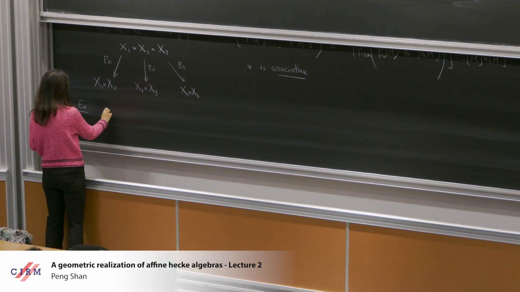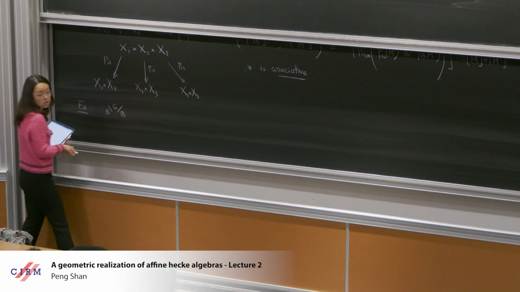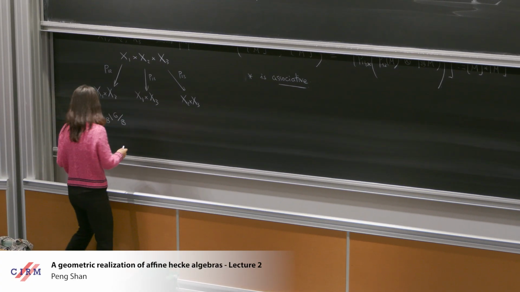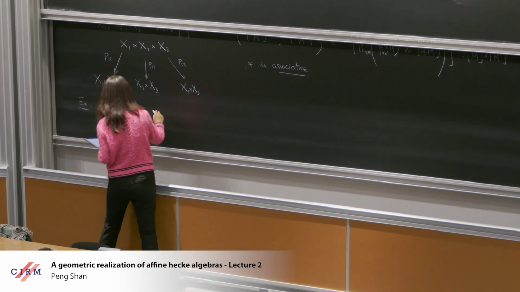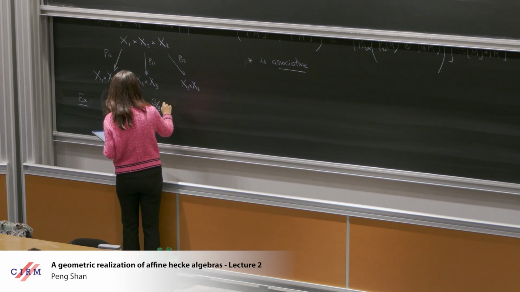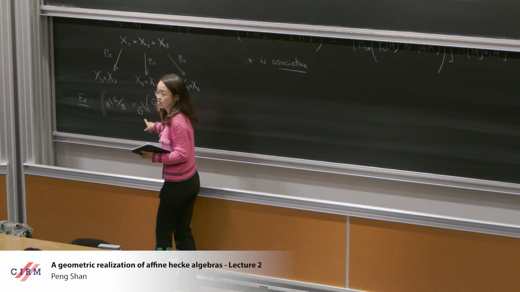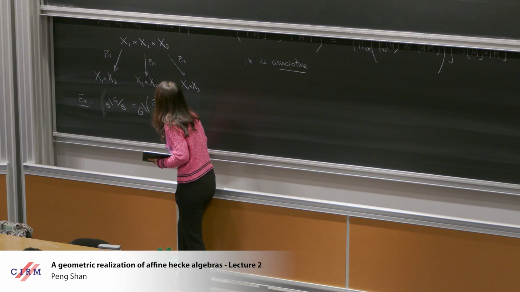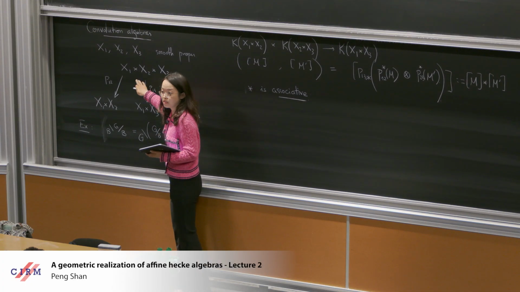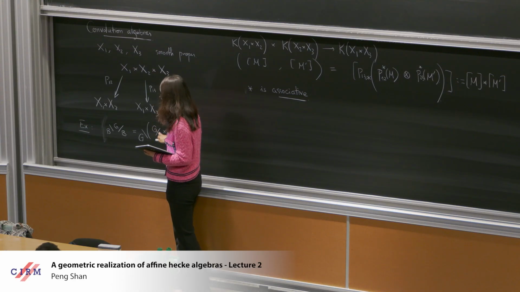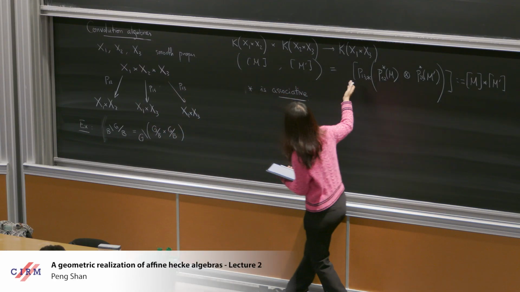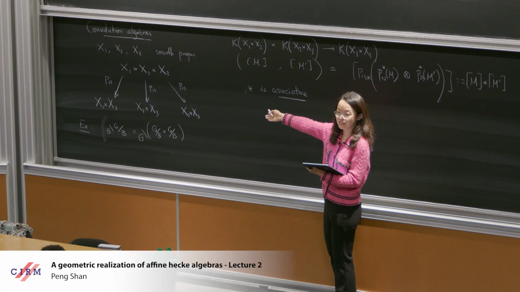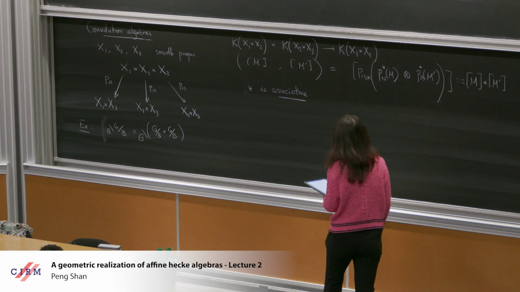Yesterday, for example, we were doing B quotient by G quotient by B. But this is the same as G quotient by B, you take 2 copies of G quotient by B, but then quotient by the diagonal action of G. And then you are in a situation like this where all the xi's are just G mod B. You can check that the convolution algebra we defined today is exactly the same as the one we had yesterday.